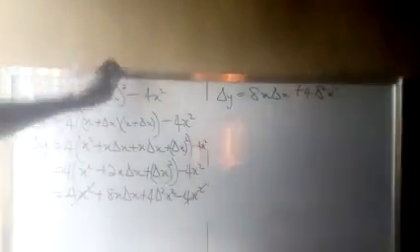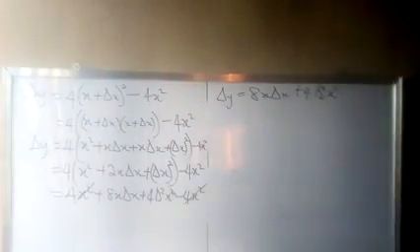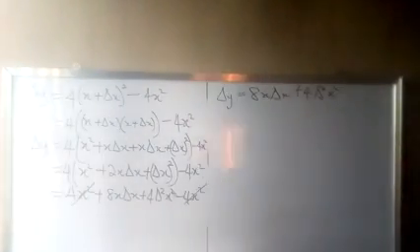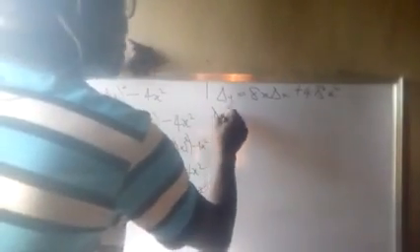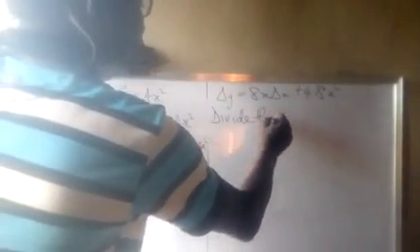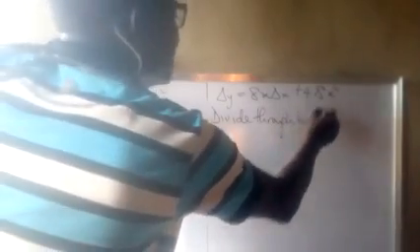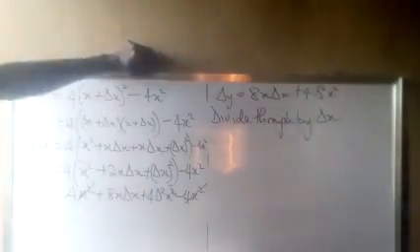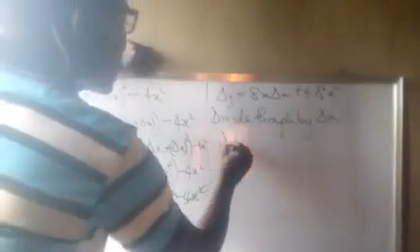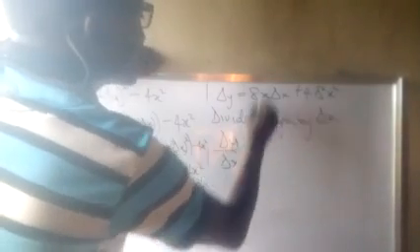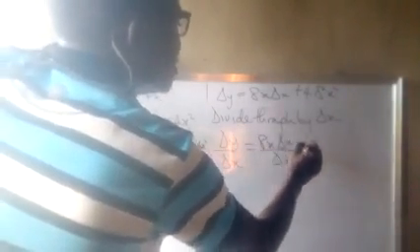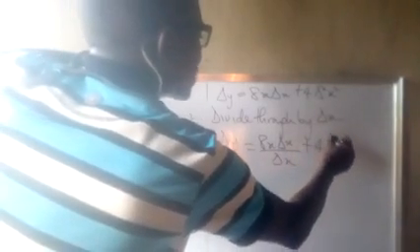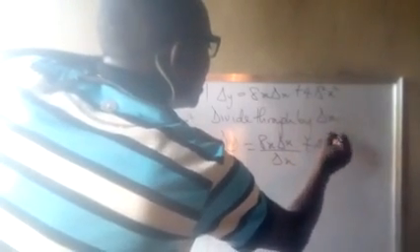Now with this, the next thing for us is to introduce the idea of dividing through by delta x. So we divide through by delta x. That becomes delta y all over delta x is equal to 8x delta x all over delta x plus 4 delta x squared all over delta x.